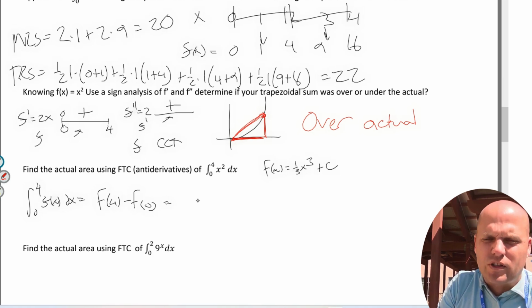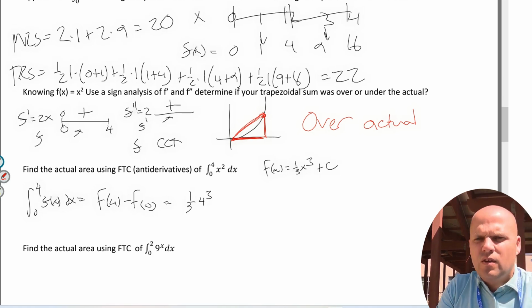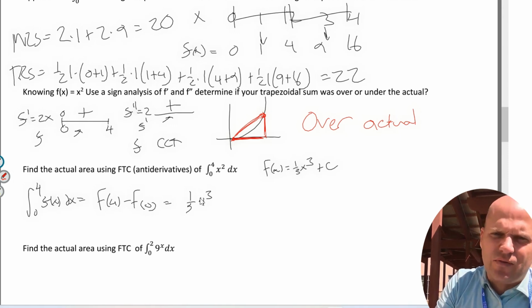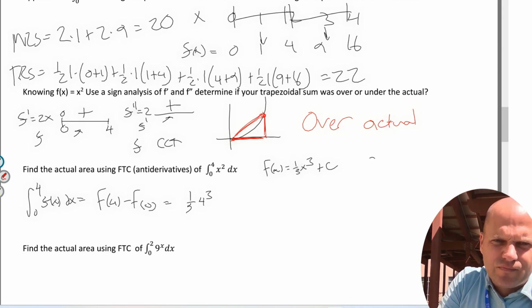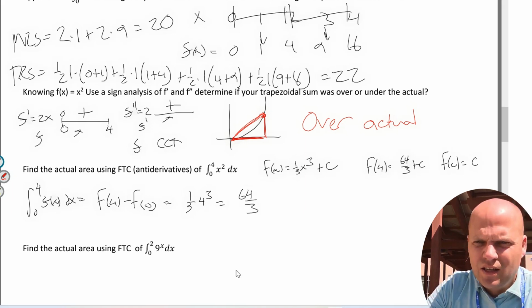Capital F of 4 is 4 cubed over 3, 64 thirds, right? And then capital F of 0 is just c. Those c's will go away.